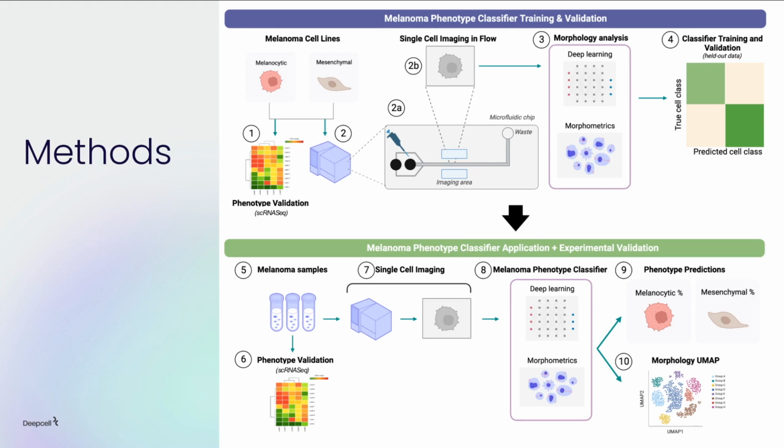We introduced them in the system, ran the classifier, and made the predictions. We could then also do a dimensionality reduction to display the different morphological phenotypes on a UMAP. Also in this case, the baseline was by RNA sequencing. So we employed single-cell RNA sequencing to classify into melanocytic and mesenchymal cells.